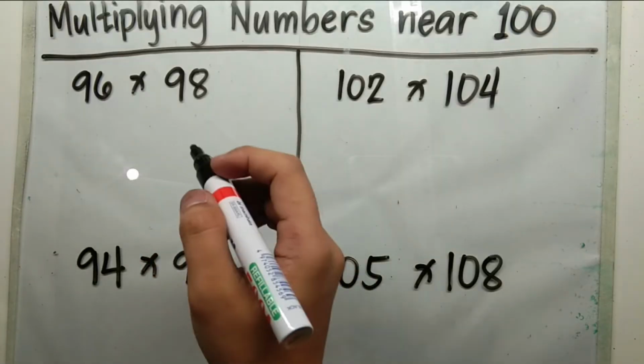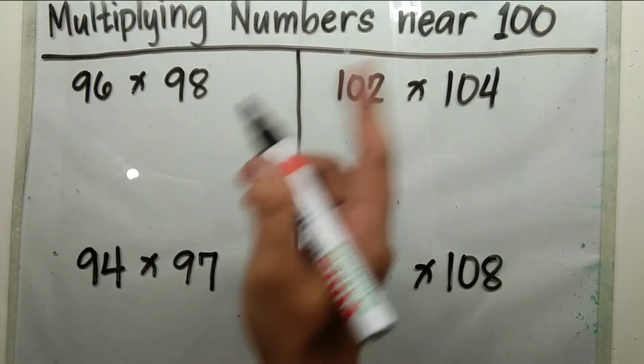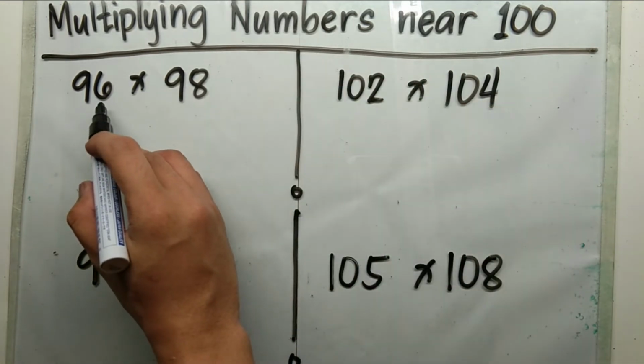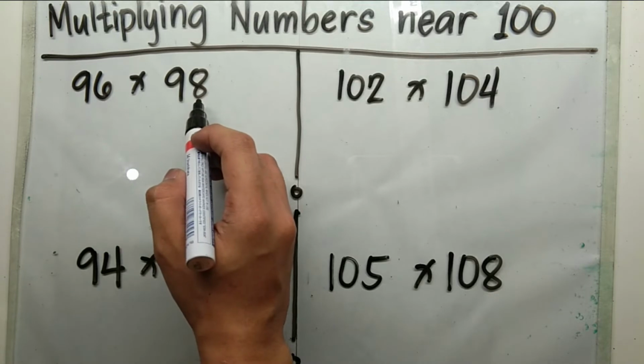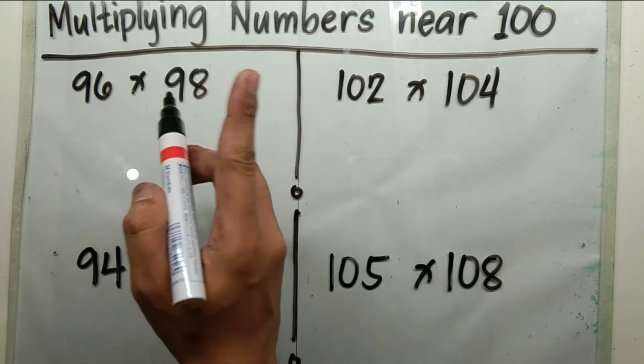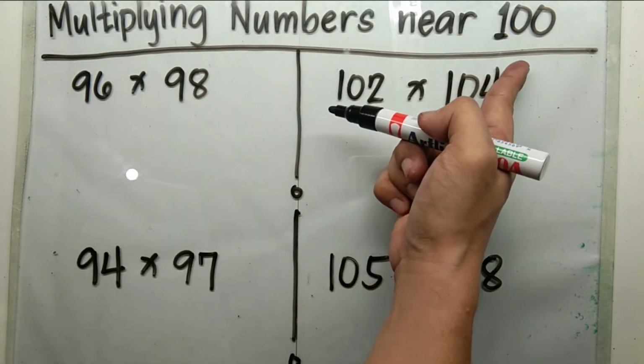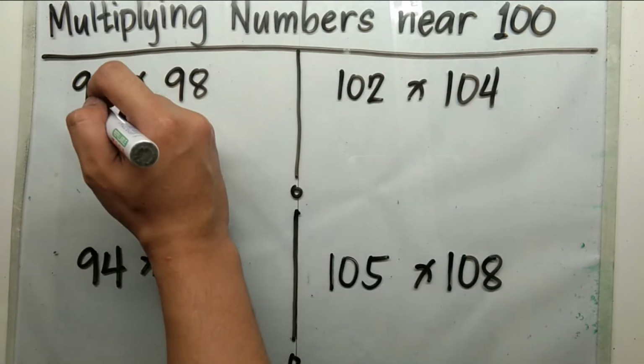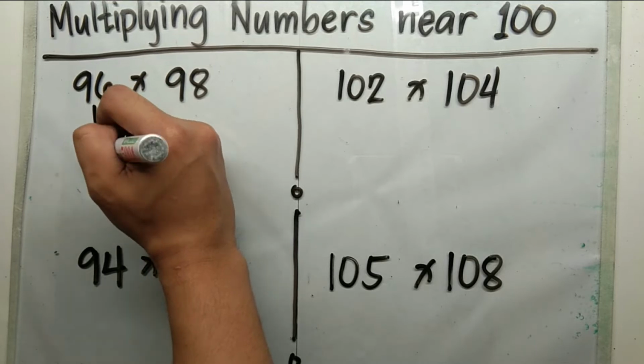Next, we have multiplying numbers near 100. So our first example, we have 96 times 98. What you need to do is to get the difference between 100 and the numbers. So 100 minus 96, that gives you a difference of 4.